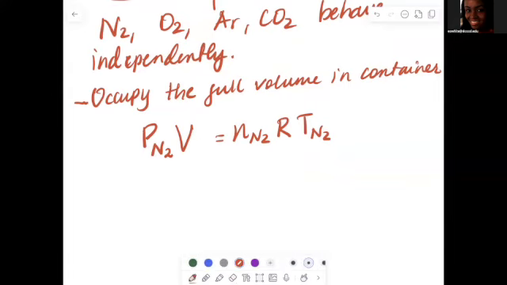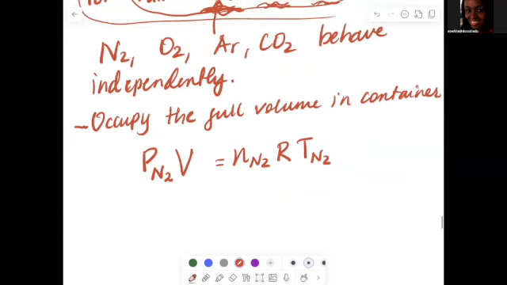It's just the volume of the container. And then it just so happens that the temperature of nitrogen gas will also be the temperature inside the container, so we don't have to specify this part right here. So the part that's unique to nitrogen will just be the pressure and the number of moles.